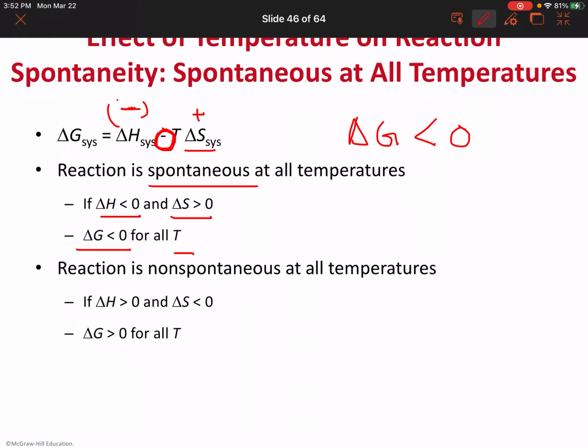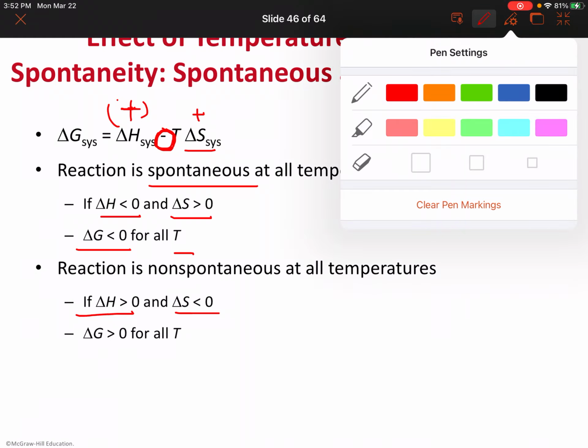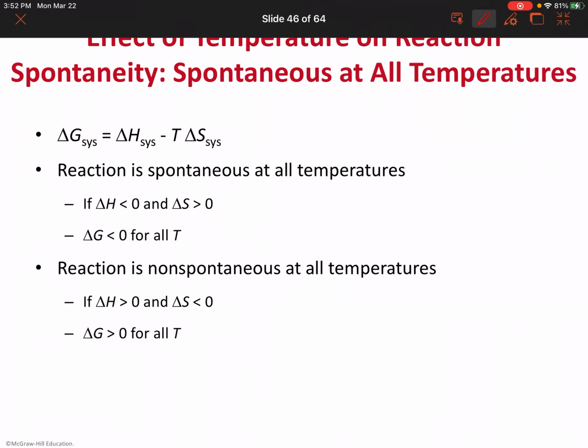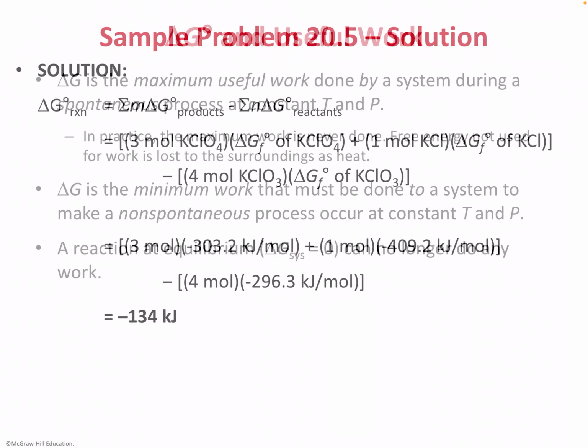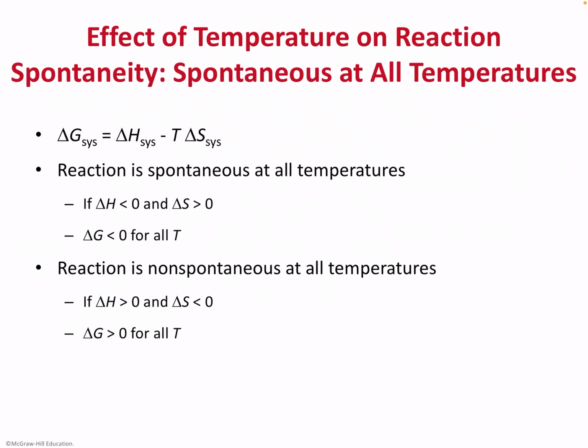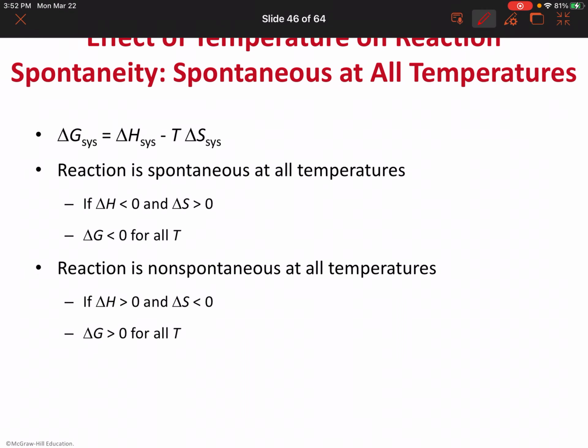What are those? If delta H is greater than 0, meaning positive, and delta S less than 0, meaning negative. Delta H is greater than 0, so this term is positive.